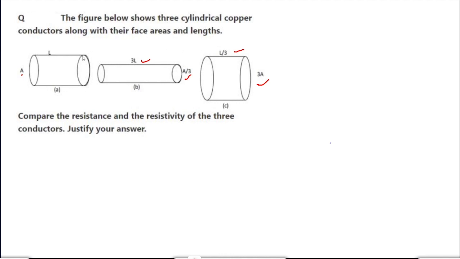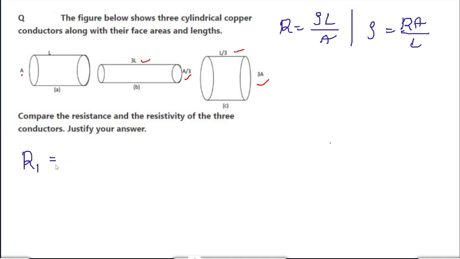Now compare the resistance and the resistivity. First let's talk about resistance, R1, R2, R3. The formula is R equals rho L by A, right?